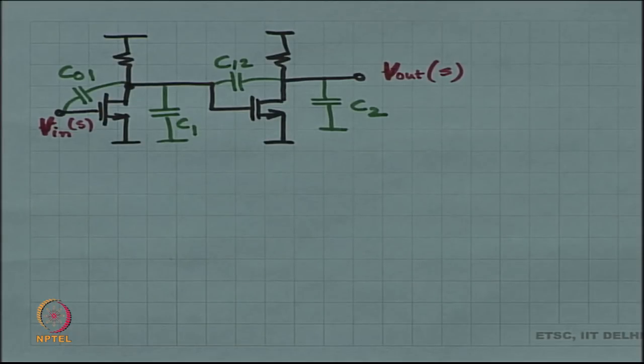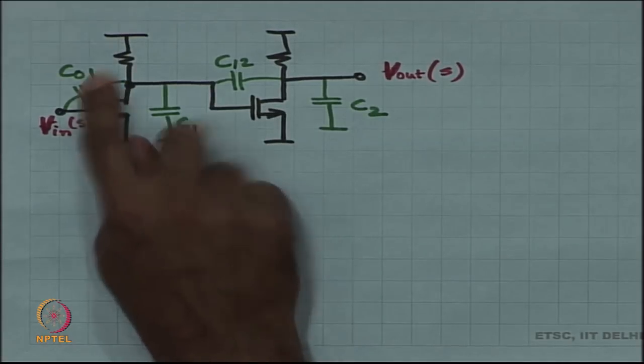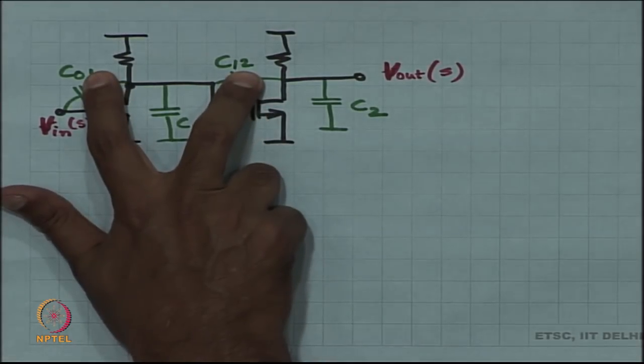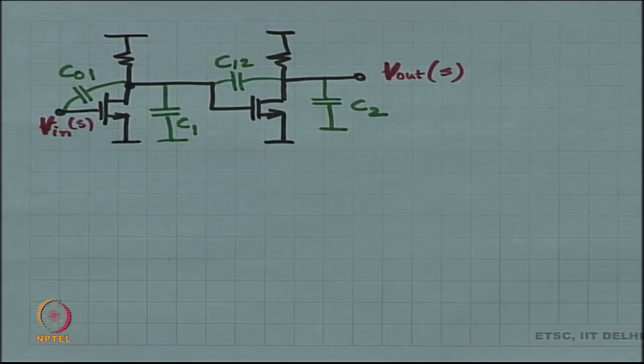And then we did the analysis. Our analysis showed that the system has two right half plane zeros, which arise because of the short circuit current. Those zeros are because of C01 and C12. And it has two poles, only because of the output impedance.